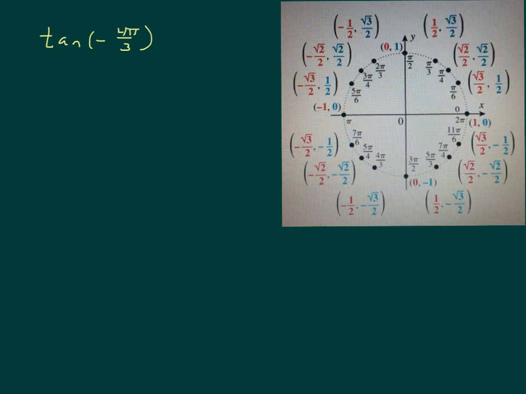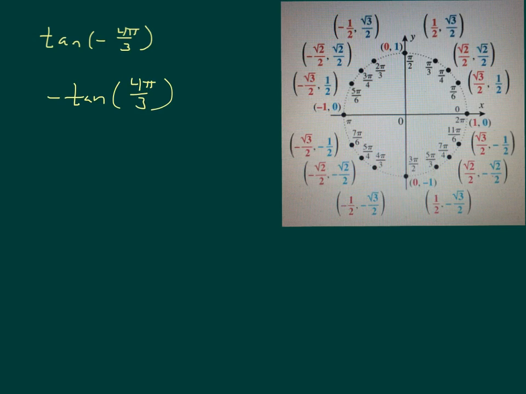So now let's see an example of a problem, how this would work. We're going to find the tangent of negative 4 pi over 3. Well, I know the tangent of negative 4 pi over 3 is going to be, by the identity we just saw, negative tangent of positive 4 pi over 3.